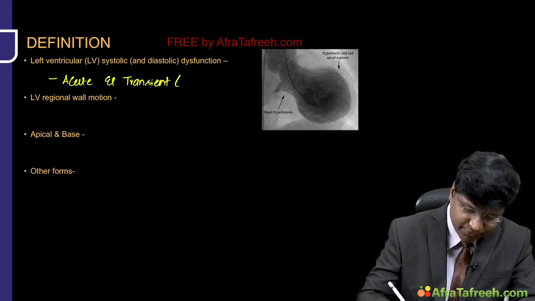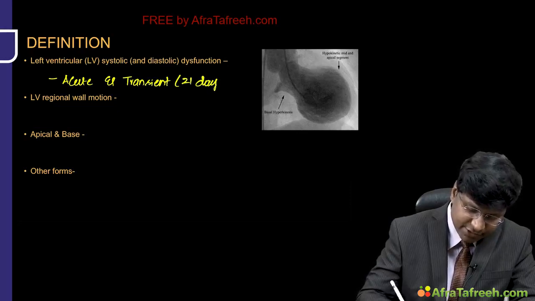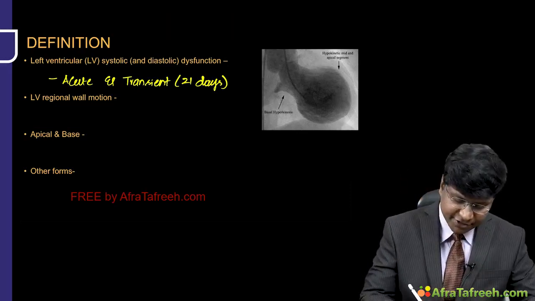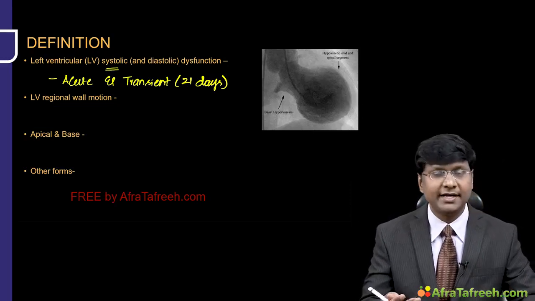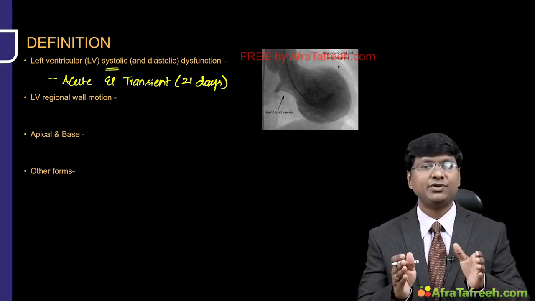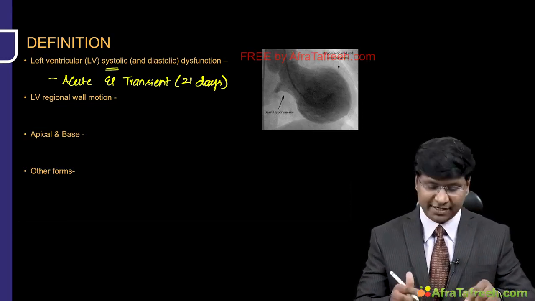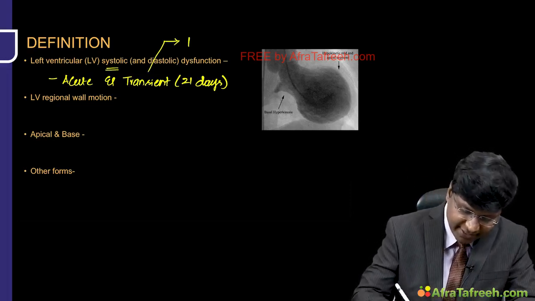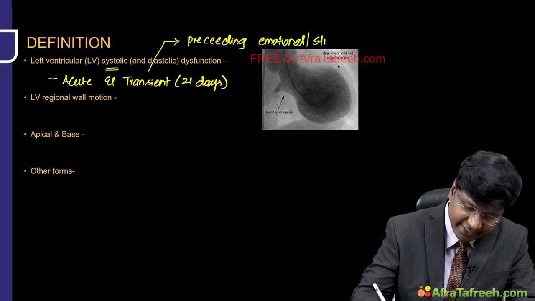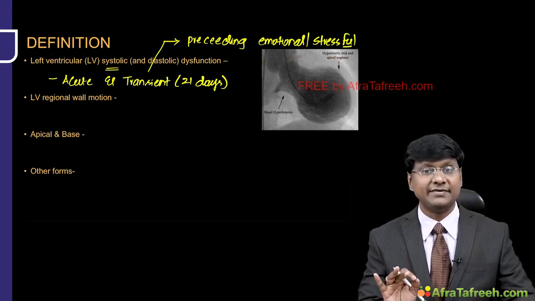When I use the word transient, for how long will this dysfunction be there? It will be there for nearly around 21 days. This dysfunction is predominantly systolic dysfunction, and there can also be diastolic dysfunction as well. Before the development of systolic or diastolic dysfunction in Takotsubo cardiomyopathy, there will be a preceding emotional or stressful event.